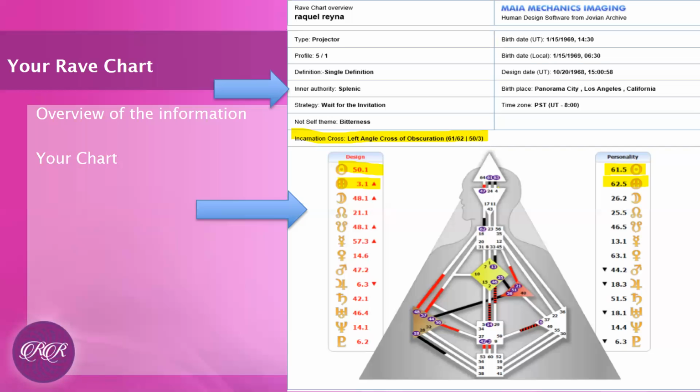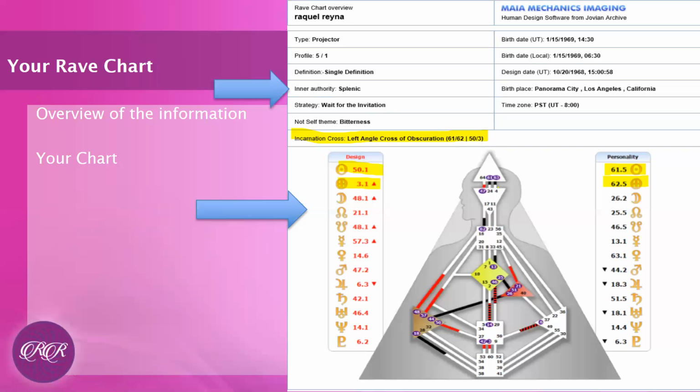For most generators, or for all generators, the strategy is to wait to respond. If you are a manifestor, your strategy will be to inform. And if you are a reflector, it's going to be to wait a full cycle before you make a decision. So the strategy is how you want to integrate this information into your life.